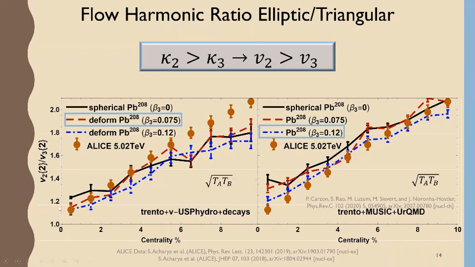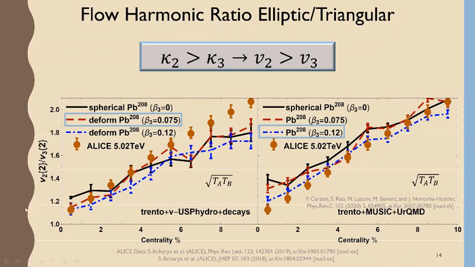Yes, so the bottom of the axis is 1, and so this having a positive value means that your V2 is being overestimated in regards to your V3 by some amount.